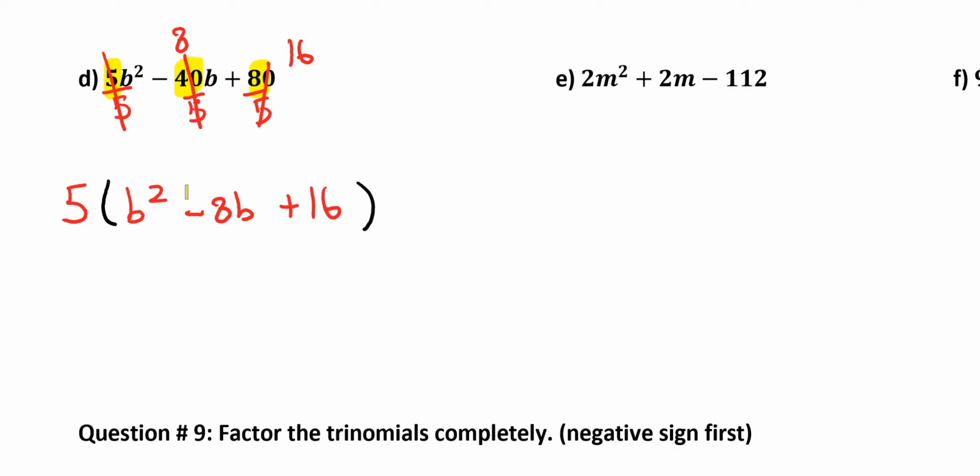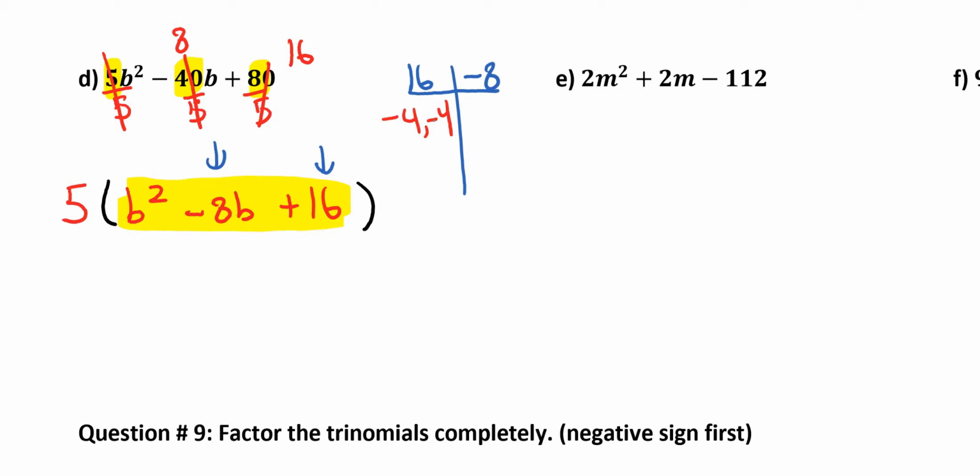And just like all the other problems, the new trinomial inside the brackets can be factored by creating a table. I need to look at my last number here, which is 16, and my middle number here, which is -8. The two numbers that multiply to 16 and combine to -8 are -4 and -4.